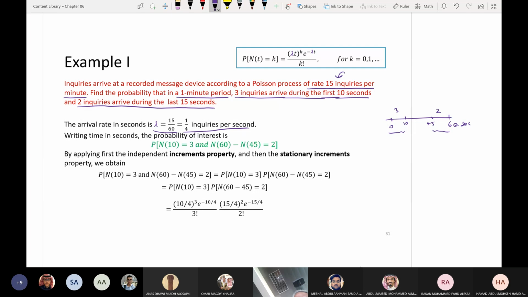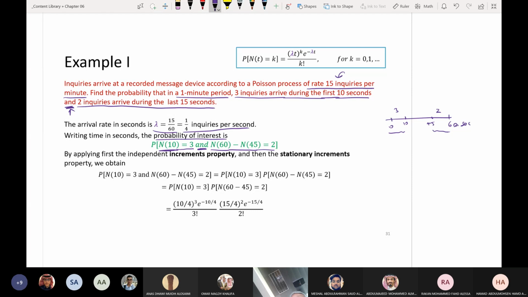So now we are interested in the probability that N in the first 10 seconds is equal to 3, and, within the last 15 minutes, which is N60 minus N45, is equal to 2.